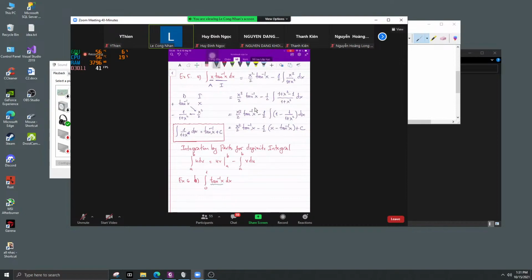If we let u equal the inverse tangent, then u prime equals 1 over 1 plus x squared, but we don't have u prime appearing in the integral, and therefore we couldn't use u substitution. So the next method we think of is integration by parts. To apply it, we rewrite the integral as 1 times the inverse tangent of x dx.